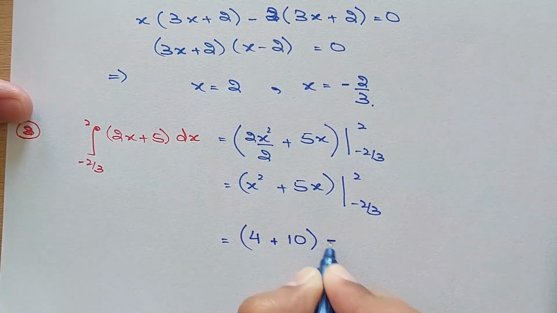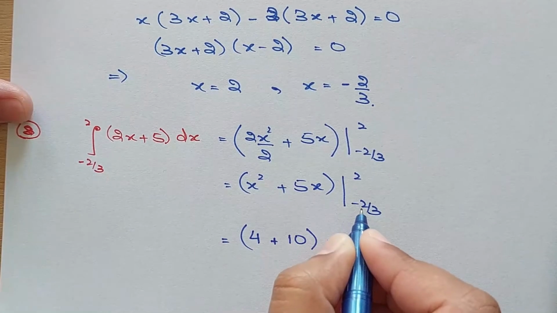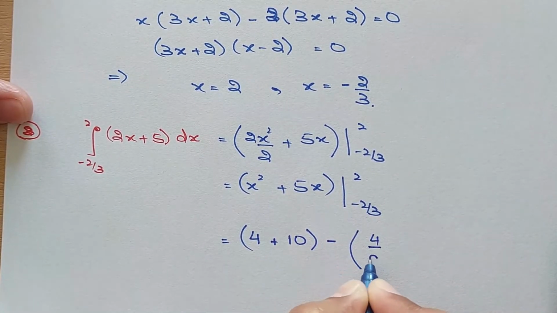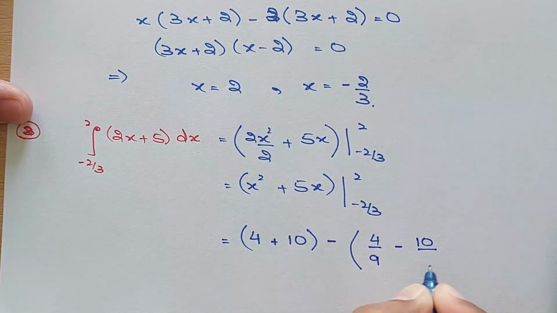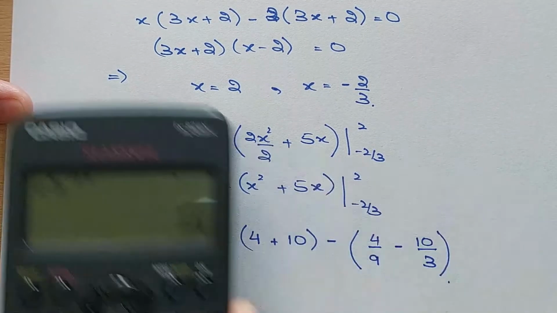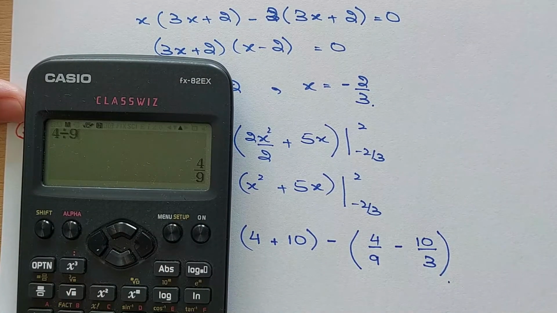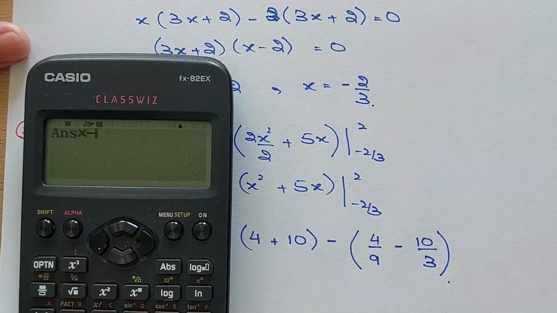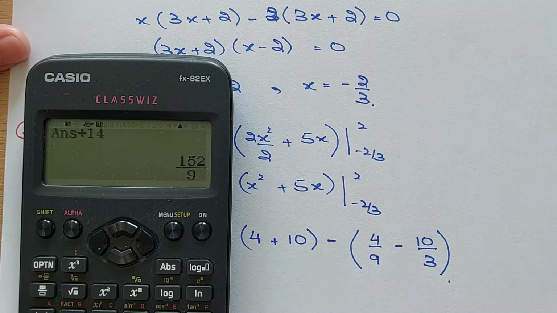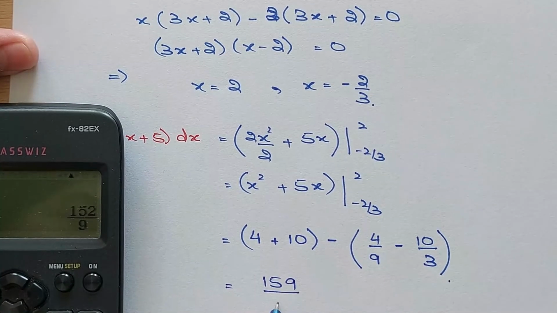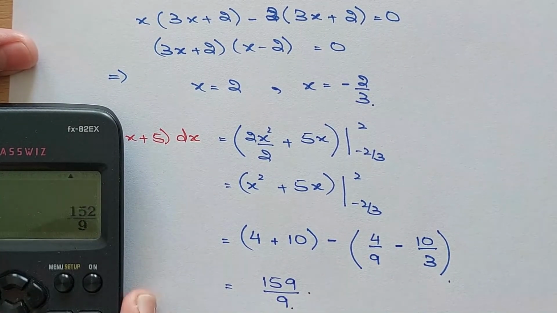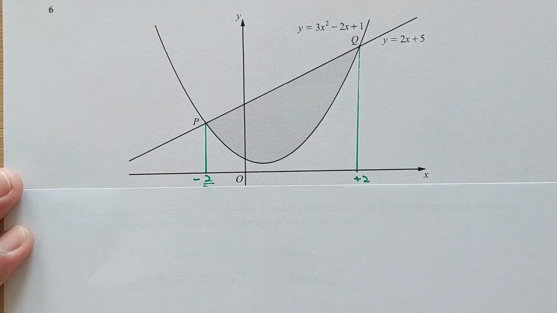This is upper limit minus the lower limit, this square, so that is 4 over 9, and minus 5 times 2 is 10 by 3. Right, so 4 divided by 9 minus 10 divided by 3, that is minus 26 by 9 times minus 1, that is plus 1 plus 14. This is equals to 156 over 9. 156 divided by 9. So this is the area under the line.